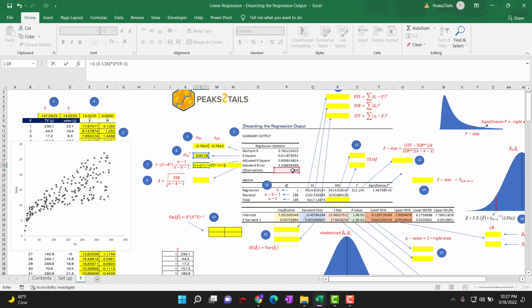So 200 minus 1, divided by n minus k minus 1. So again 200 minus k. K in our case is 1 because the number of regressors is 1 because this is a simple linear regression problem. So 1 again minus 1. Now that's our adjusted R square figure, which matches the output.